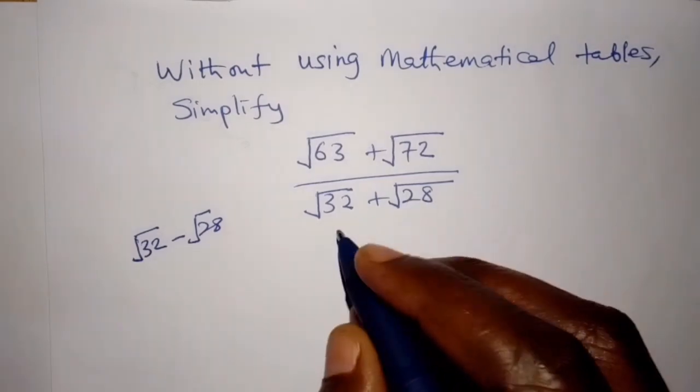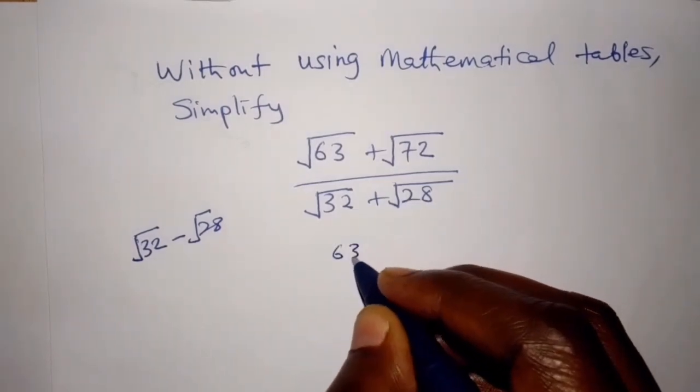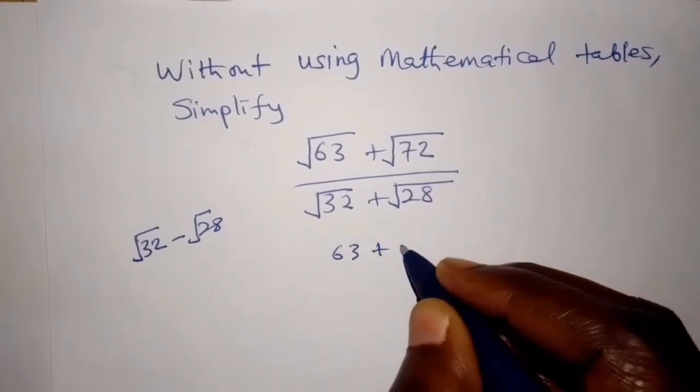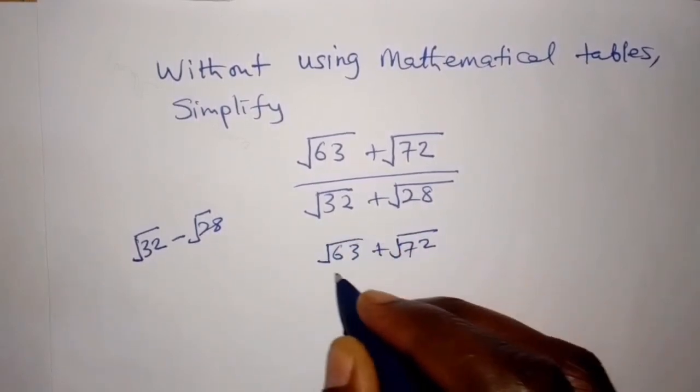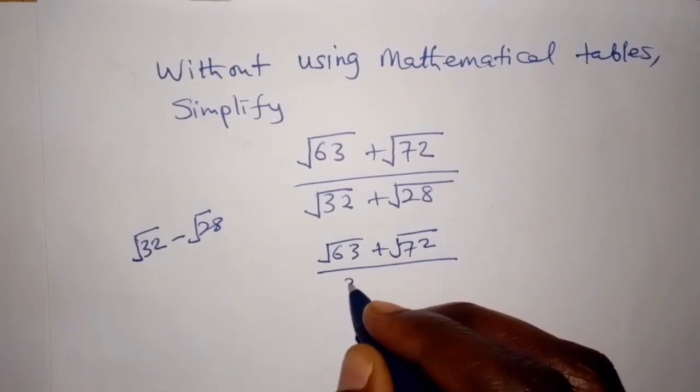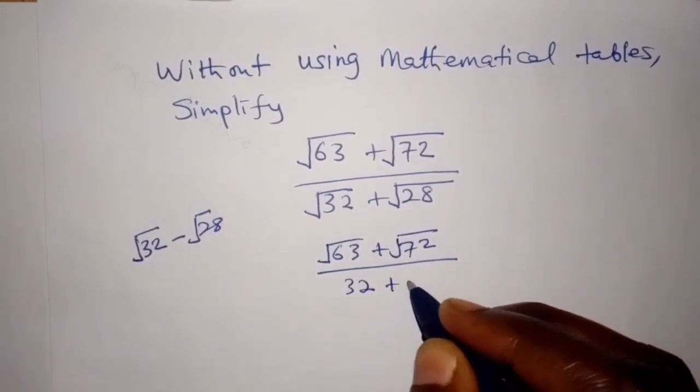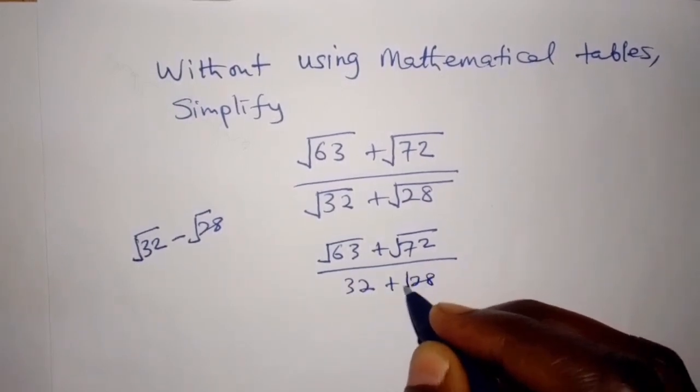So we are going to have square root of 63 plus square root of 72 over square root of 32 plus square root of 28.